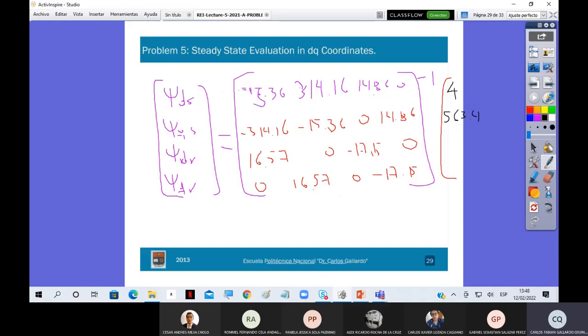This is for the stator. For the rotor, I will have 2.5, 7.5. So finally the fluxes are equal to 1.81, 0, 1.86, and 0.43. This is my first question, to compute the fluxes.